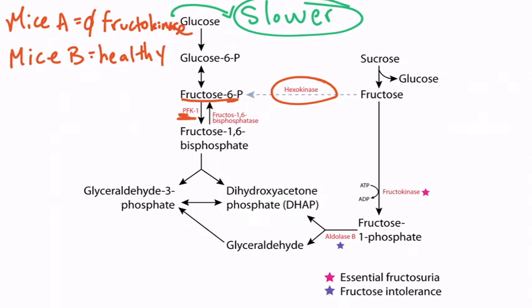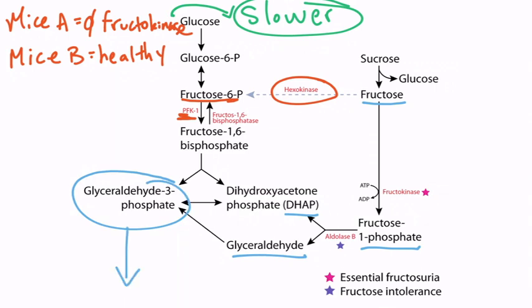So notice that mice from group B are able to convert fructose to fructose 1-phosphate. This can then go to DHAP and glyceraldehyde, and ultimately to glyceraldehyde 3-phosphate, and then be converted into pyruvate. So this step essentially bypasses PFK1. This means the mice from group B would most likely have a faster rate of fructose metabolism.